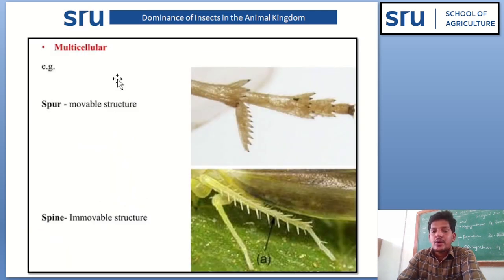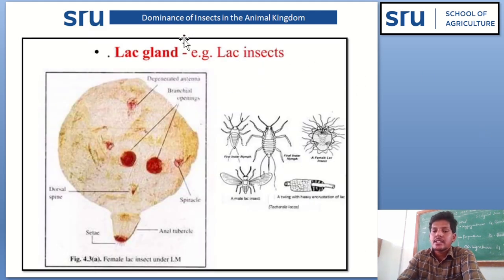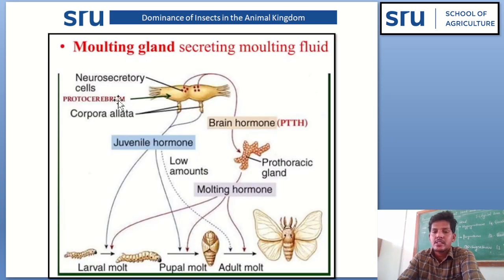And multicellular spurs are movable structures, and spines are immobile structures. Then wax gland is also a multicellular structure, present in honeybees and mealybugs. Next, lac gland is present in lac insects, a multicellular structure. Molting gland is present in many insects, they secrete molting fluids.